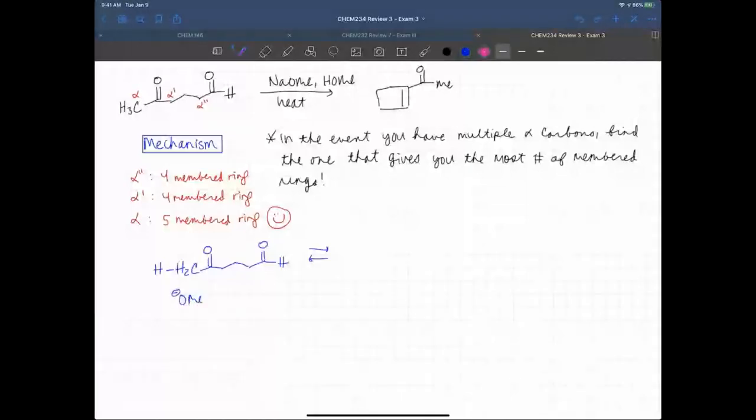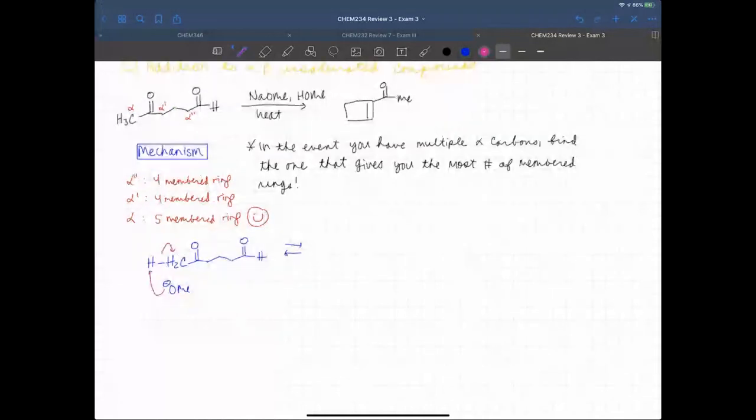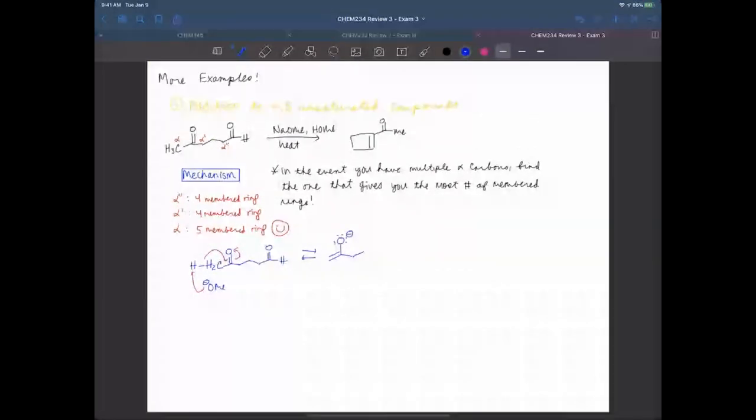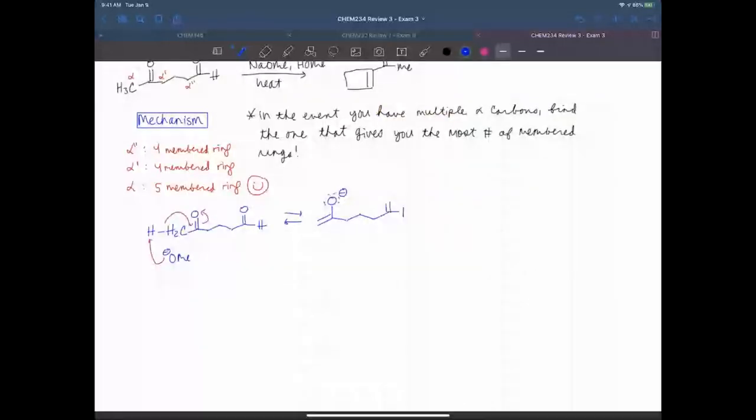Okay, so the base is going to come in and deprotonate this hydrogen, and then it's going to form a double bond, or rather an enol, to give me this. Now this is going to be a good nucleophile, and it's going to go straight for the aldehyde.